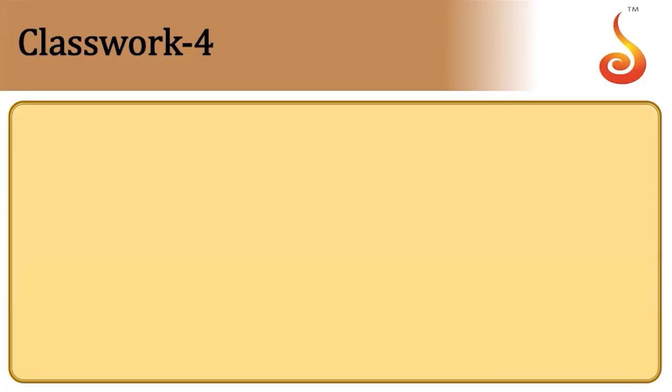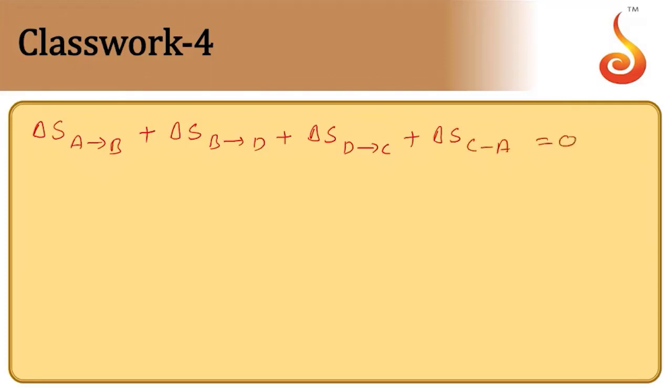Therefore, the entropy change from A to B, plus the entropy change from B to D, plus the entropy change from D to C, plus the entropy change from C to A, means in a cyclic process the total entropy change must be equal to 0.